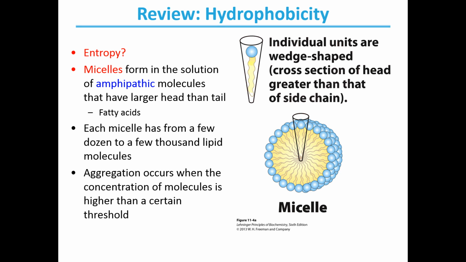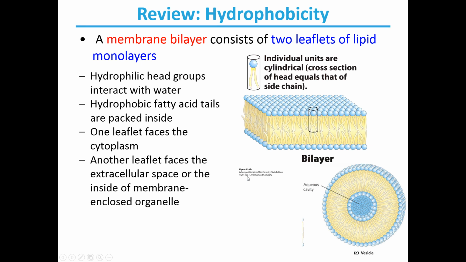So if we had a simple fatty acid where we had a more hydrophilic head and a hydrophobic tail, that lipid is going to have this more cone shape to it. If put into an aqueous environment, they're going to spontaneously aggregate into this micelle structure. This is not what we see in a membrane.